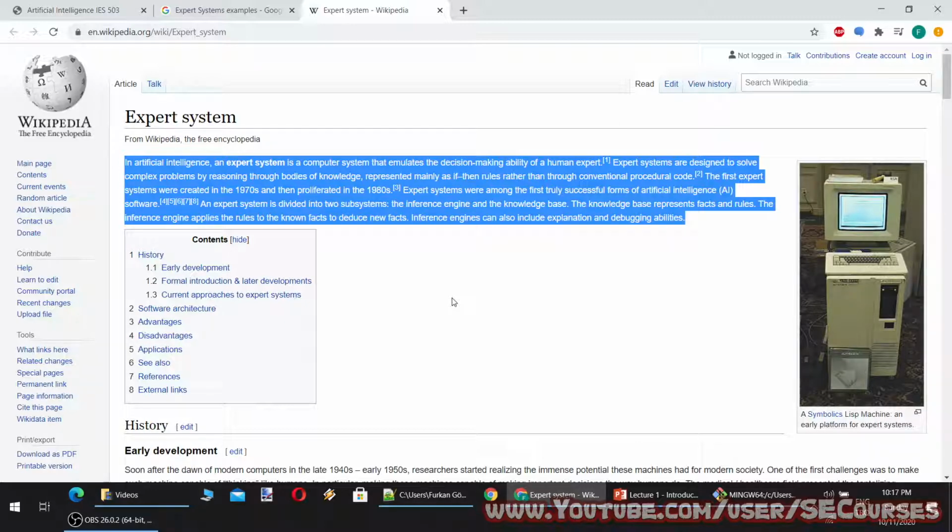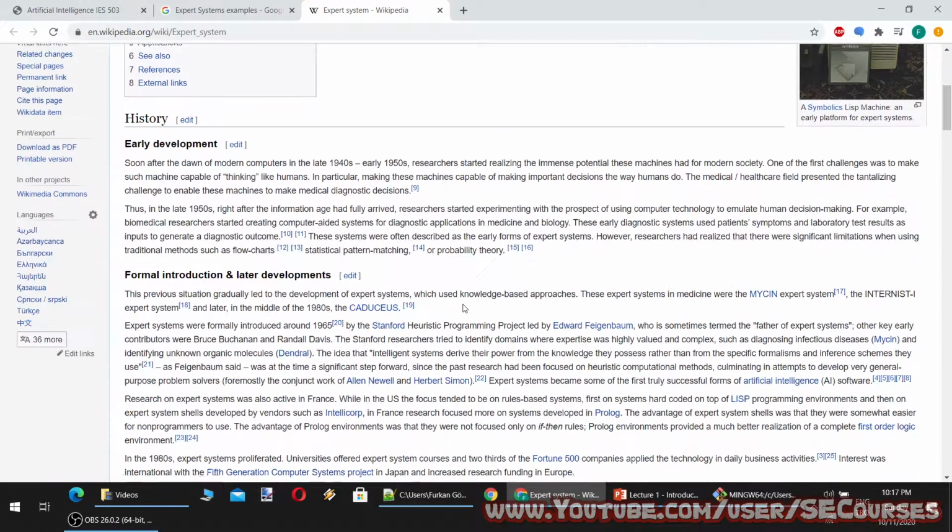Expert systems were among the first truly successful forms of artificial intelligence, AI, software. An expert system is divided into two subsystems, the inference engine and the knowledge base. The knowledge base represents facts and rules. The inference engine applies the rules to the known facts to deduce new facts. Inference engines can also include explanation and debugging abilities.